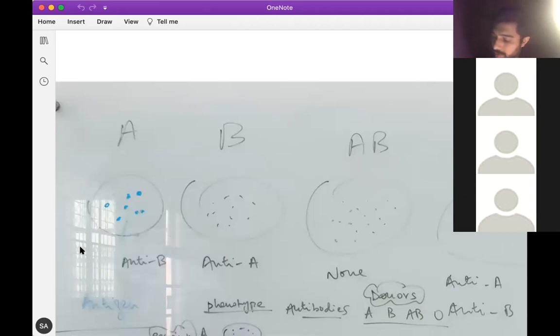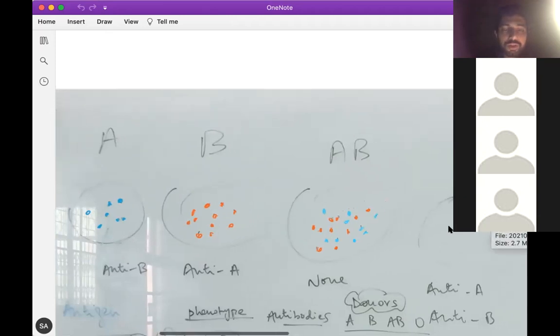Blood group B would have a different set of antigens. Blood group AB, the third blood group, would have both of these antigens, and blood group O would not have any antigens at all.